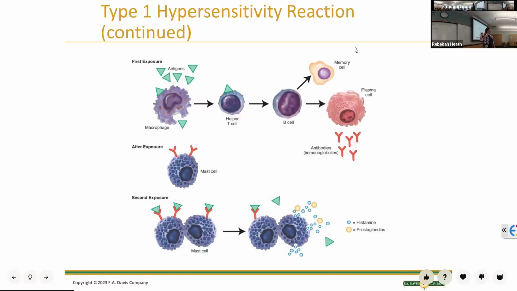Your book had lots of little pictures. I'm not going to go into them, but if pictures help you understand the different types of reactions and what's happening, I encourage you to look at them. They show that you're exposed, and then you build these little Y things, which are antibodies. Those antibodies then attach to the mast cell. When you're exposed again, those antibodies pick up that little piece and the mast cell reacts. What's released from the mast cells?